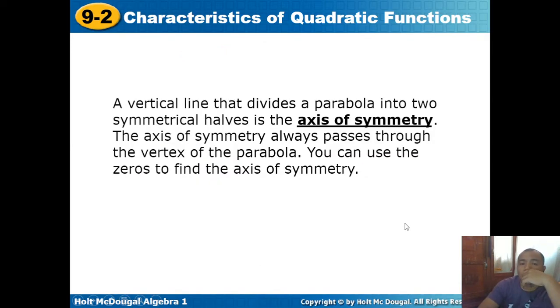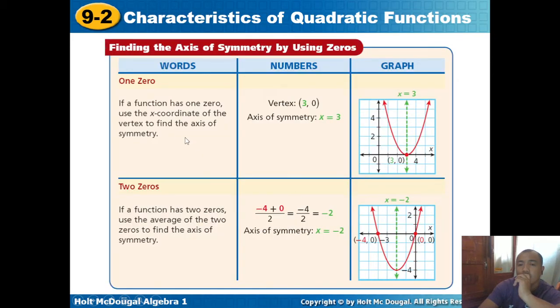A vertical line that divides a parabola into two symmetrical halves is the axis of symmetry. The axis of symmetry always passes through the vertex of the parabola. You can use the zeros to find the axis of symmetry. When there is one zero, use the x-coordinate of the vertex to find the axis of symmetry. For example, if the vertex is at (3, 0), therefore the axis of symmetry is x equals 3.